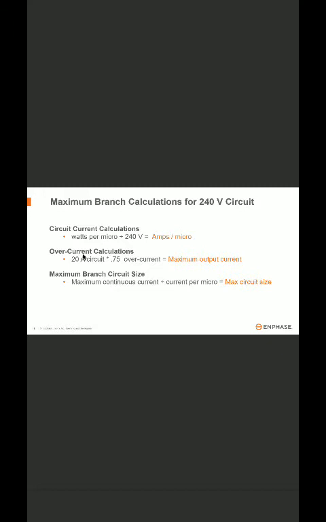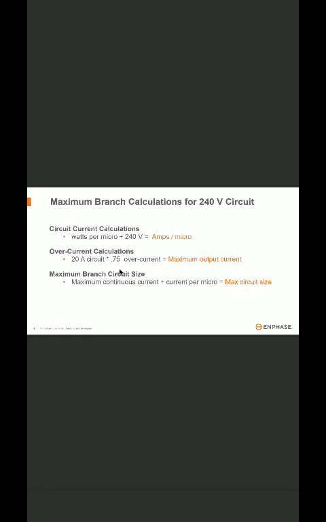For 20 amps, what would be the maximum output current we can flow in that Q cable, keeping the safety factor percentage? So here, this 20 amp is multiplied by 0.75. The reason being, we have kept 25% as the safety factor.